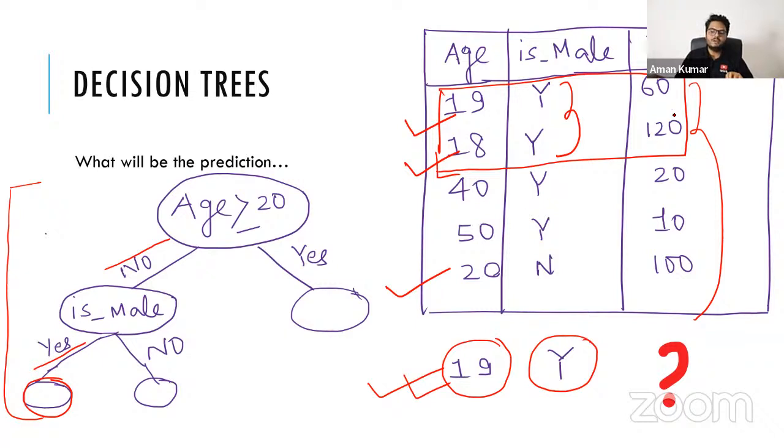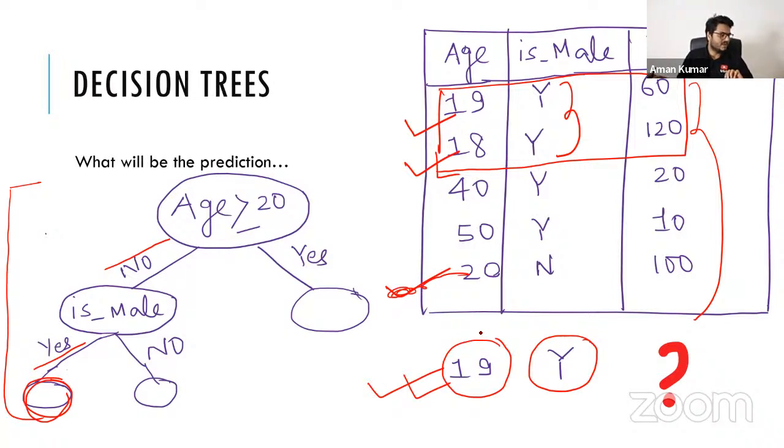No, it will be 120 plus 60 by 2, I think. Let me check again. Age greater than or equal to 20 is no, which means these two records only. It is not going this side. Then 19 and is male yes, two records. Average of these two records is 90.